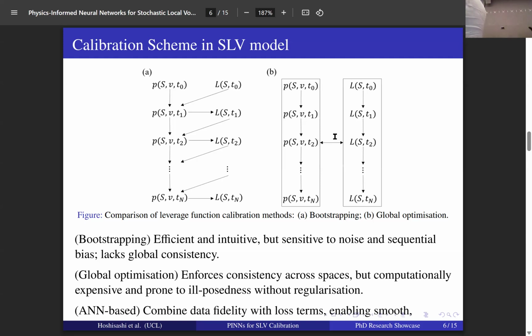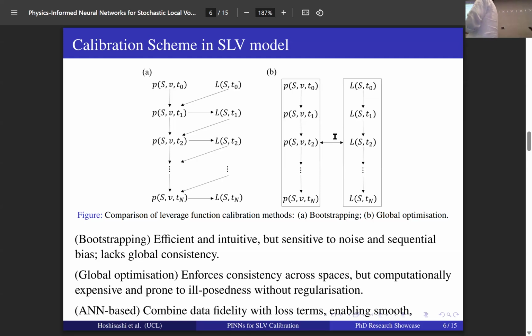After that, we can get P at the next time point. Then we can get the leverage function at the next time point as well. So that's the bootstrapping structure, but it is efficient but kind of sensitive to noise, and systematic biases happen.